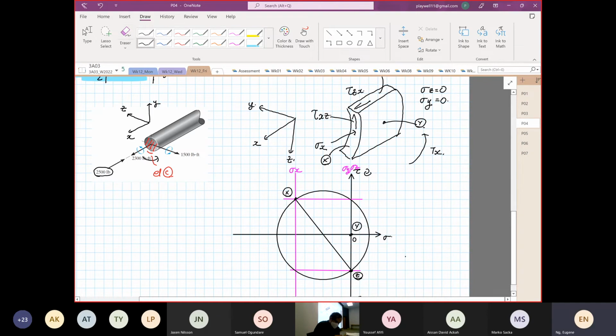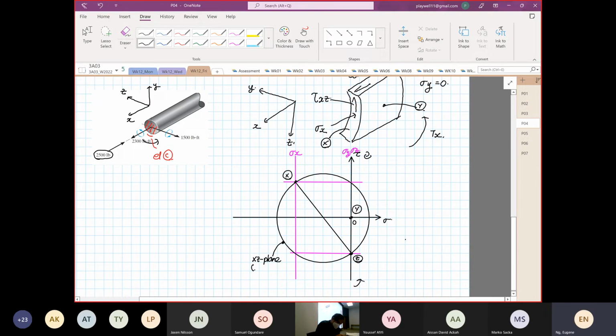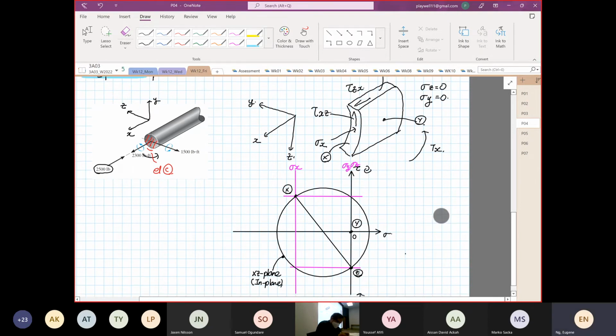So this circle belongs to our XZ plane. And our XZ plane, as you can see, is our in plane. Okay. Because this surface over here, I'll use a different color. This surface over here is our XZ plane, the biggest face one.